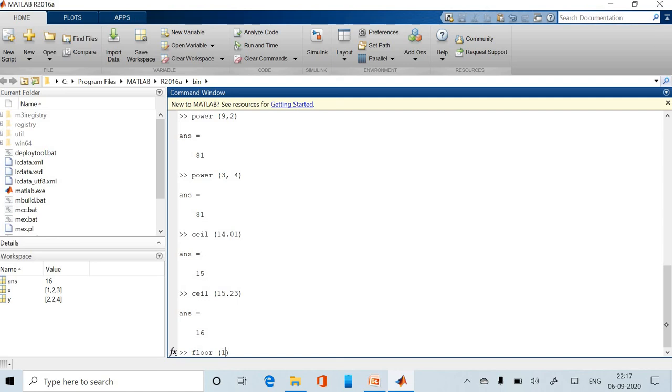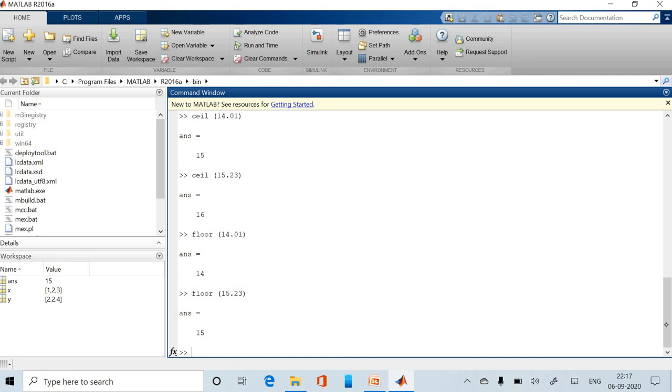Suppose you are writing 14.01. So it will return what? It should return 14. Okay. Similarly, floor 15.23. This will return 15. So the lower value is returned.